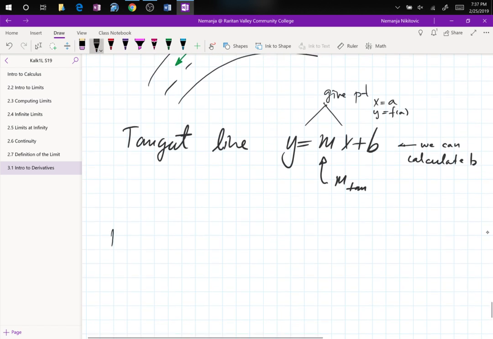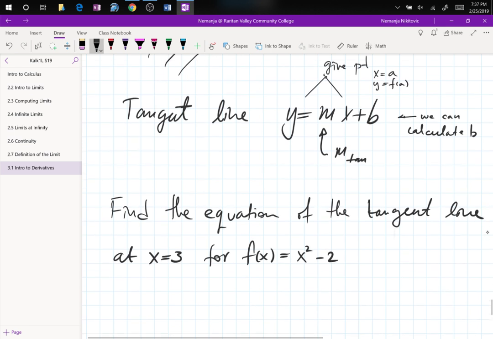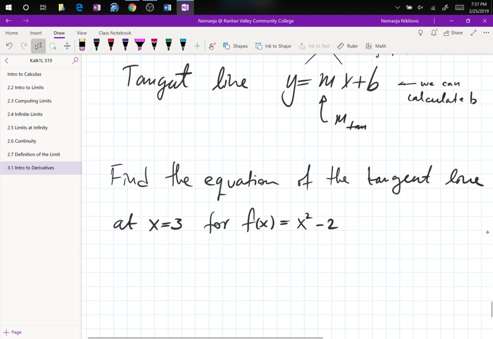So, find the equation of the tangent line, and I'll use what we had before, at x equals 3 for f of x equals x squared minus 2. Okay, we already have that x is 3.